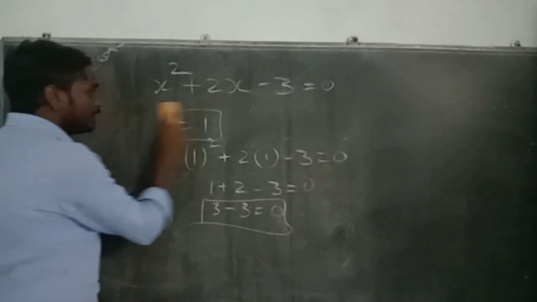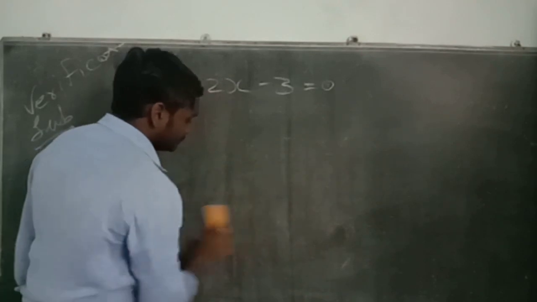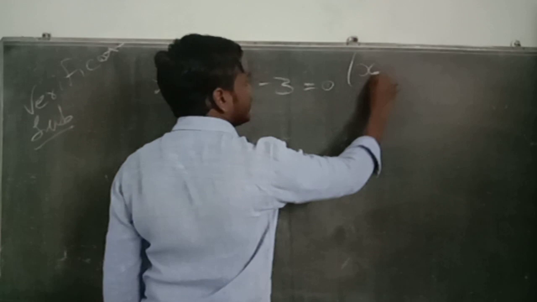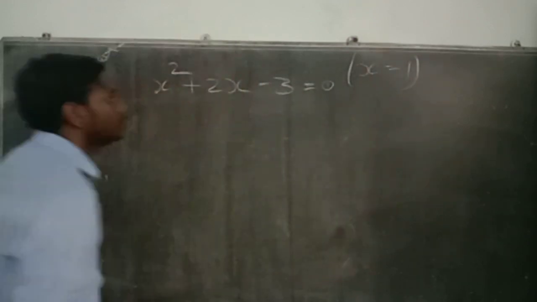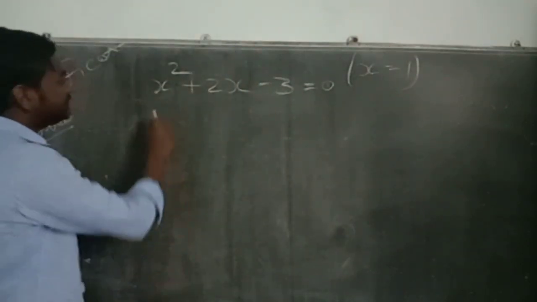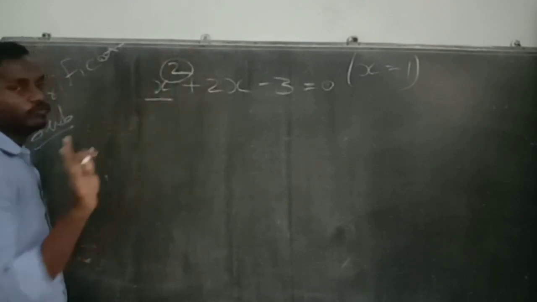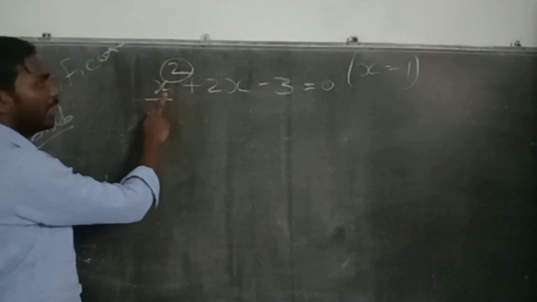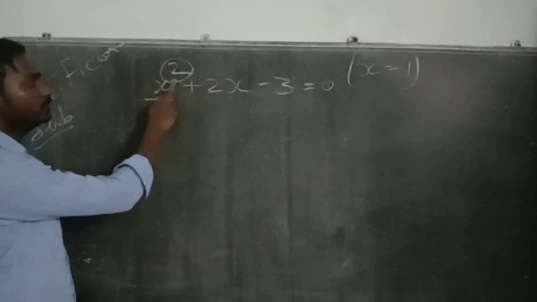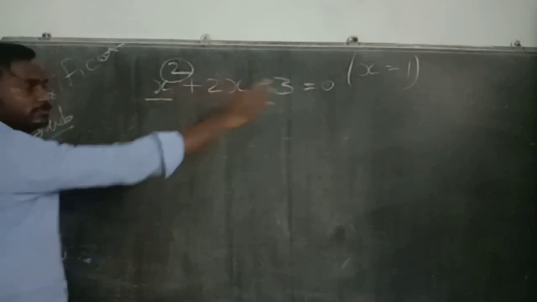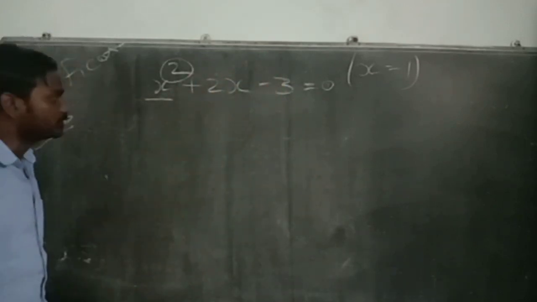By substituting x is equal to minus 1, let us check this. So one answer is x is equal to 1. As the highest power of x is 2, we get 2 values. So one value is 1, and let's find the next one.